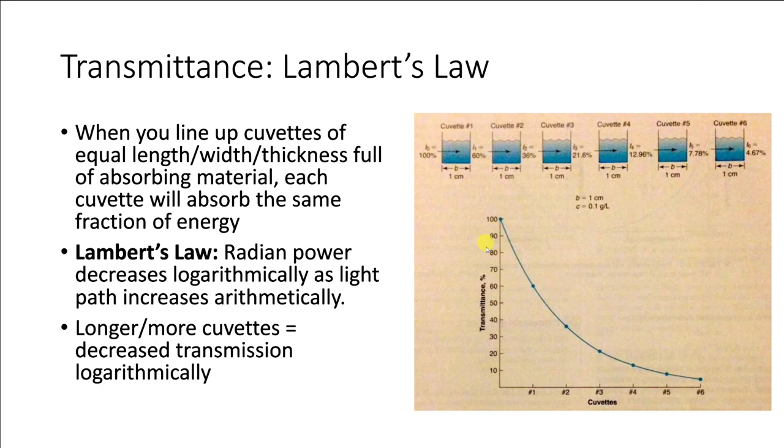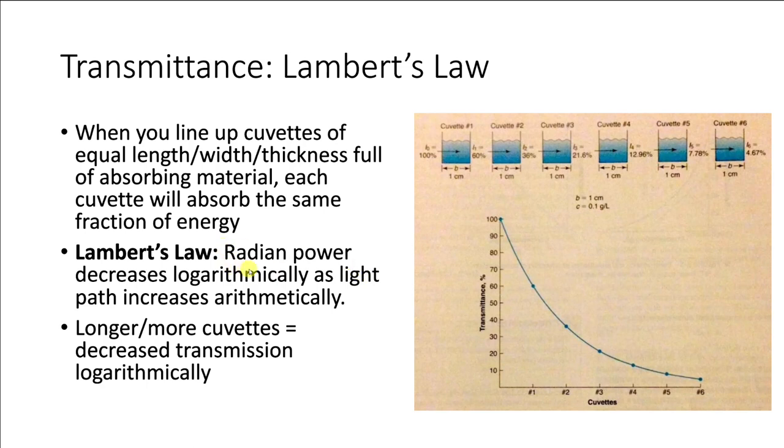So when we graph this out, the relationship between the number of cuvettes, or the length of light traveled, versus transmittance percentage, we get this logarithmically decreasing curvature here. This relationship is called Lambert's law.